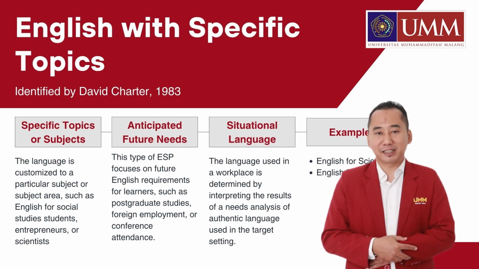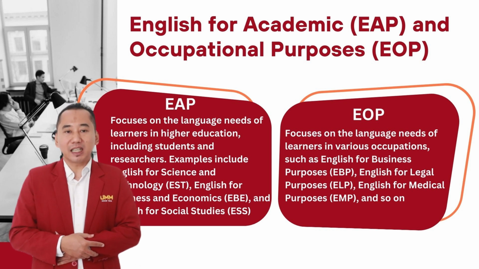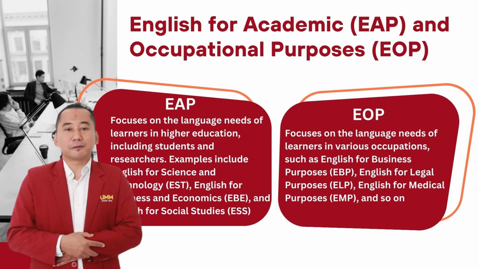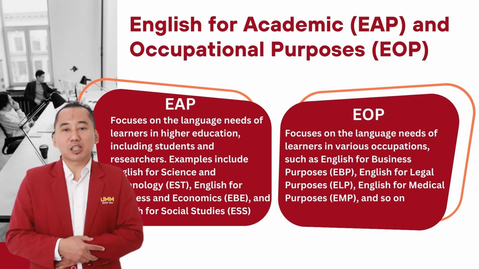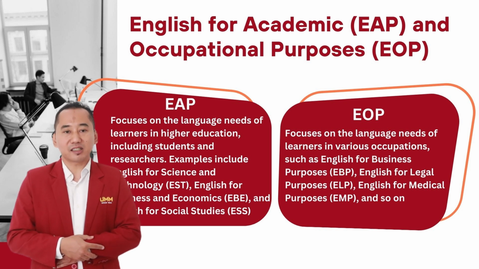academic or professional context. The next is English for Academic Purposes (EAP) and English for Occupational Purposes (EOP). The first is English for Academic Purposes, EAP. EAP refers to the teaching of English with the specific aim of helping learners to study, conduct research, or teach in English.